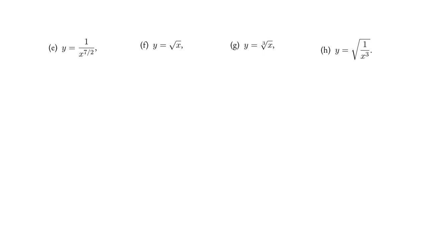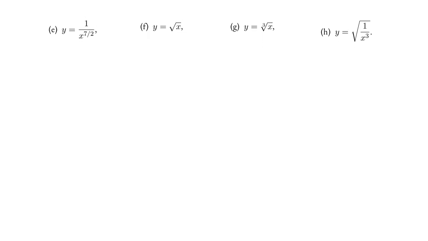Next, for all of these derivatives from part E to part H, we will use the power rule, but first we will need to rewrite them. For part E, we rewrite this as y equals x to the negative 7 over 2. If the power is positive in the denominator, we can bring it to the numerator and switch the sign. In this case, we switch positive to negative, and it is now in the power form.